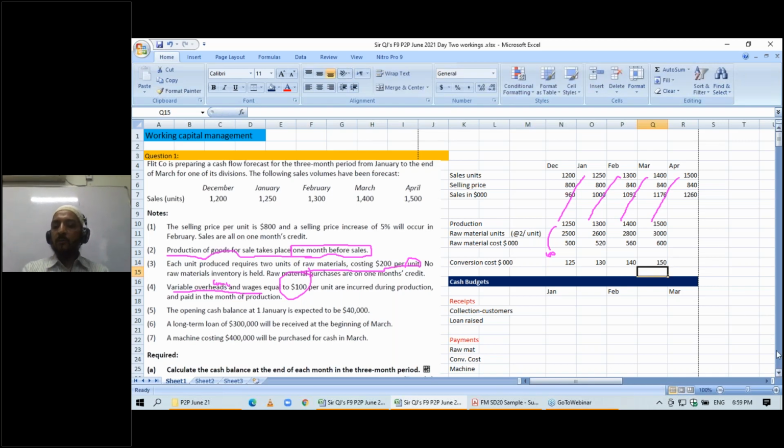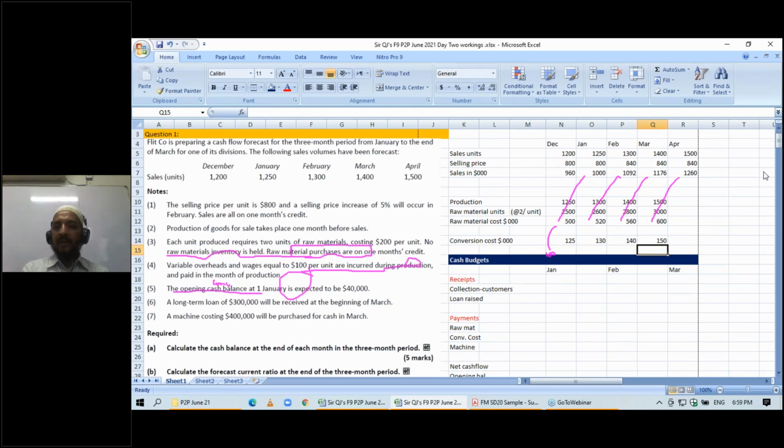So now we are in position to make the budget. We have made the basic workings. And now I'm making the budget. So first of all, collection from customers. So what does the question say about collection from customers? The question says that sales are all on 1 month credit, meaning the sales of 960,000 in December is on credit.